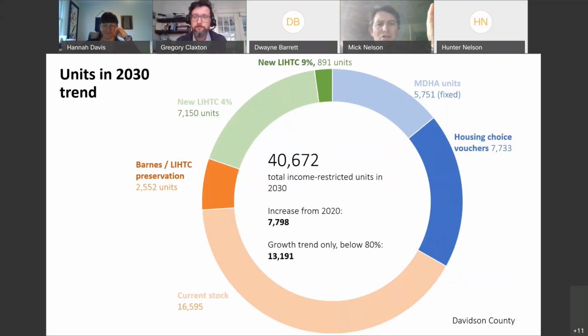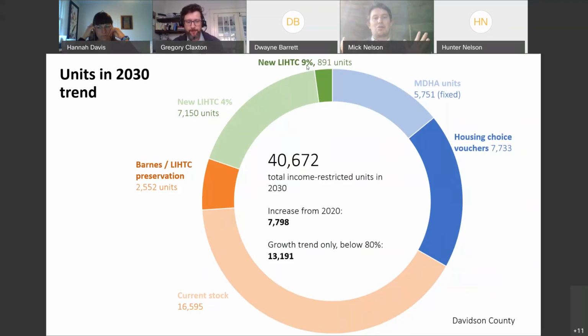Greg, I just want to hold on this slide for one second, because I think it's a really important one. I want to make sure we're all on the same page. Basically, what it's saying is in 2030, we'll have about 40,000 income restricted units across the county, which represents about an 8,000 increase from where we were last year. We know we were short last year, so an 8,000 increase is great, but we expect household growth at those income levels to be at least 13,000.